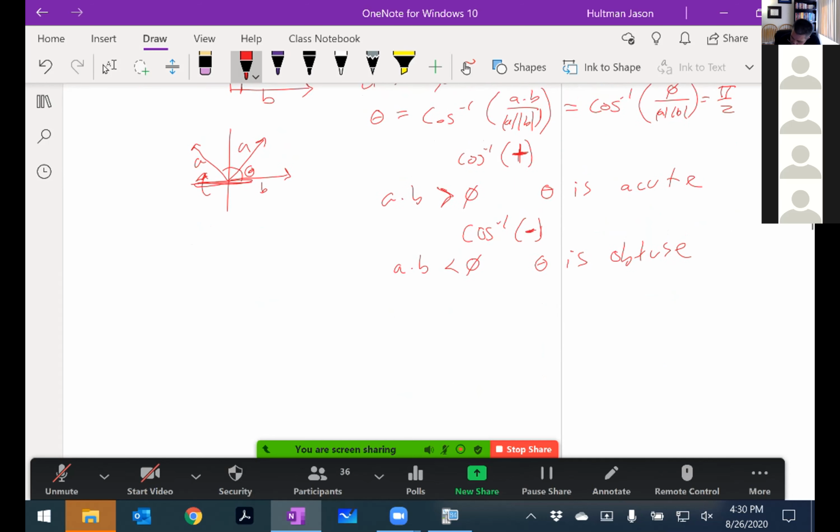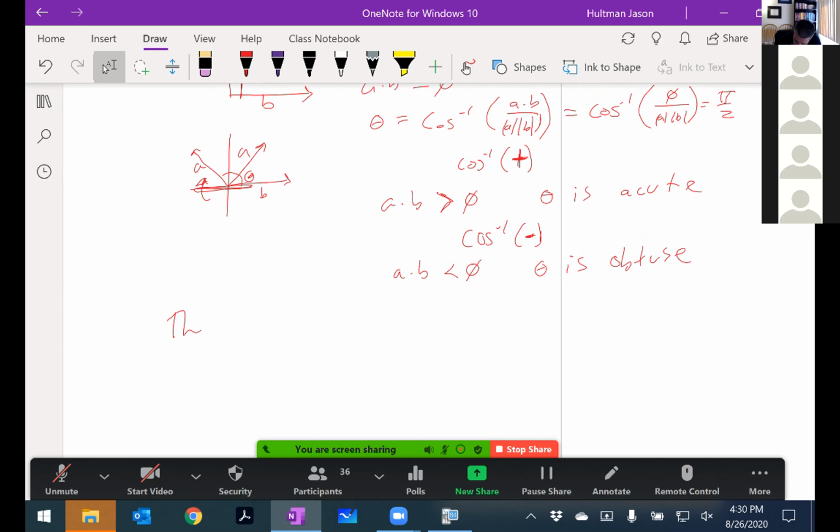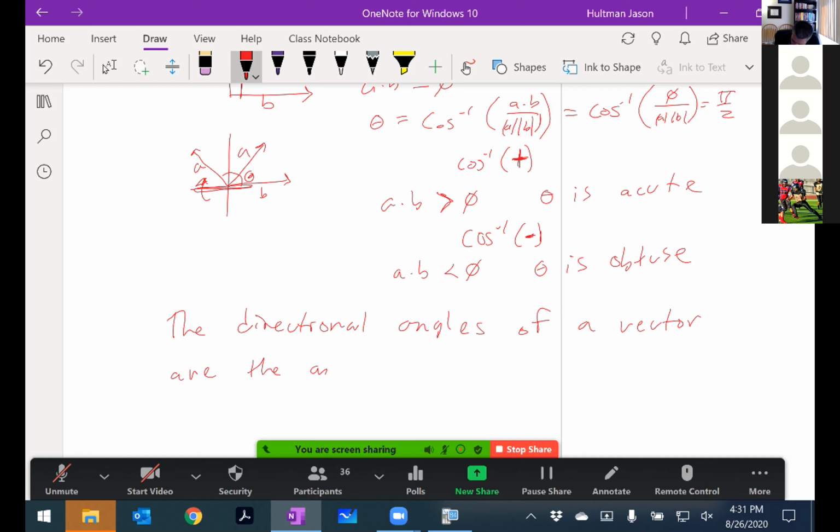Okay, directional angles. The directional angles of a vector are the angles alpha, beta, and gamma that a vector makes with the positive x, positive y, and positive z axes. Okay, so that's an alpha, by the way.